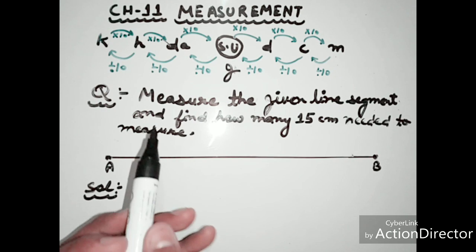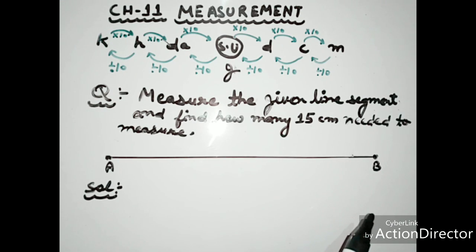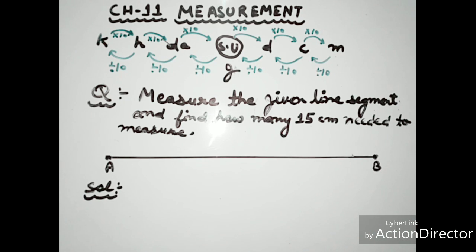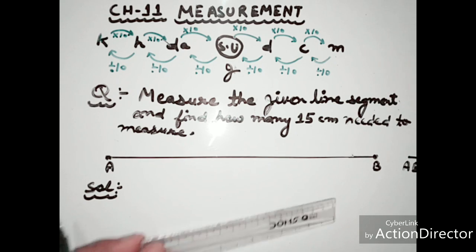Now the next example, measure the given line segment and find how many 15 centimeter needed to measure. So here first we find the length of this line segment AB. So AB line segment.